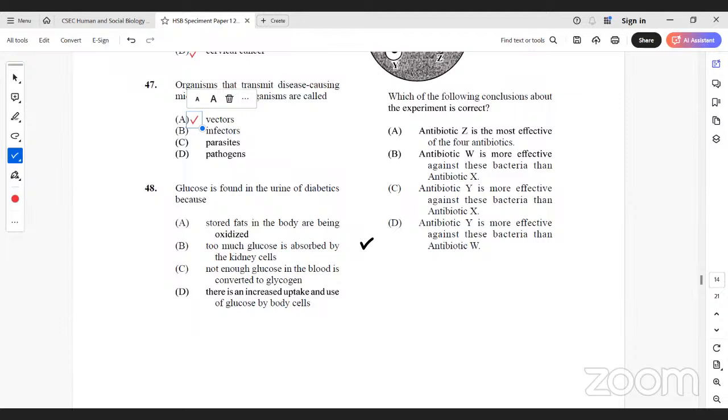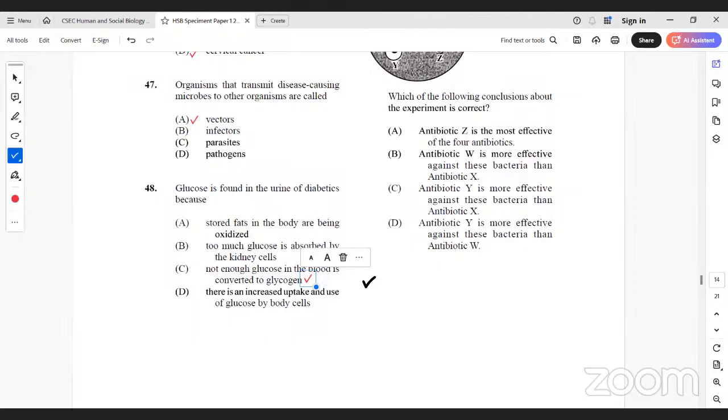Glucose is found in the urine of diabetics because... why is glucose in your urine? That person really needs to get control of their diabetes. But glucose in the urine is a clear indicator of diabetes. Why is there glucose in the urine? And reading, the answer is here. Not enough glucose in the blood is converted to glycogen.